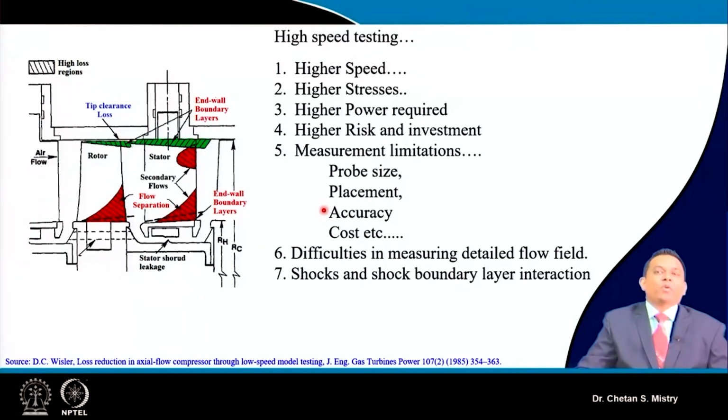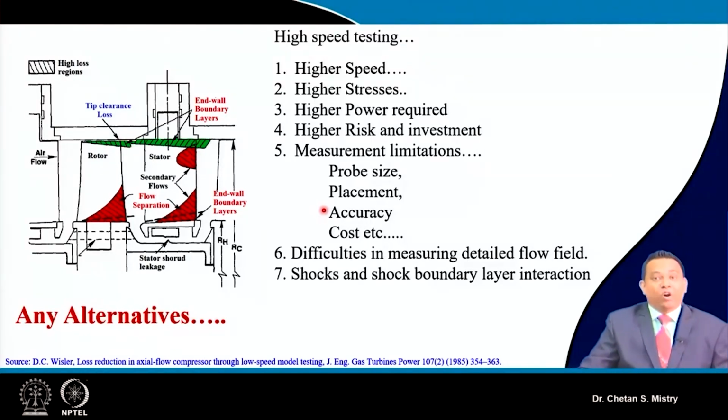We are more interested in what is happening in the flow field, a detailed flow field study, for example between two rotor blades and between two stator blades. Such detailed flow field measurement will be very difficult for this high speed configuration. A very big challenge is shocks and shock boundary layer interaction.